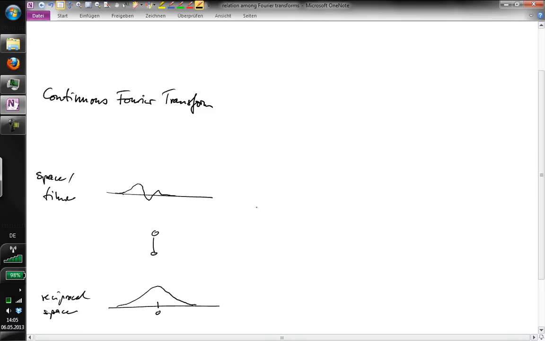Now, I can discretize the signal, and this discretization can be represented by multiplication with an impulse train. So this is just a series of Dirac impulses, and it continues to infinity. So the name of this beast is an impulse train or a comb, or there are many other names that have been given.